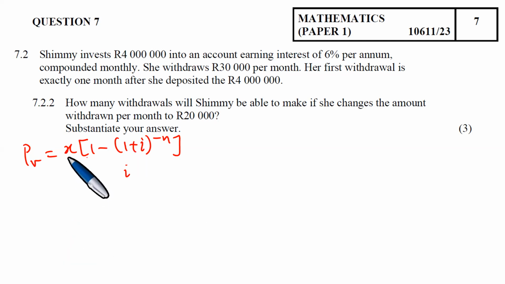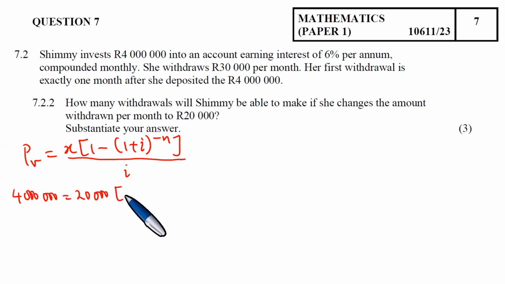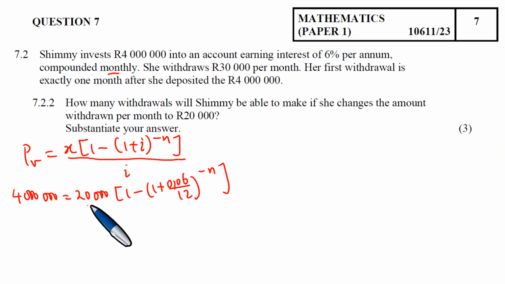So it's 4 million, which equals 20,000 times 1 minus 1 plus 0.06, divided by 12 because it's compounded monthly, raised to n because n is unknown.